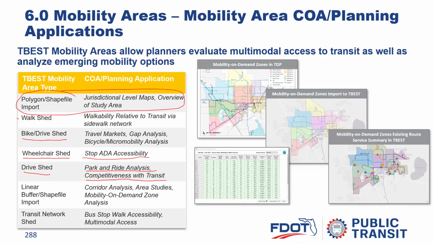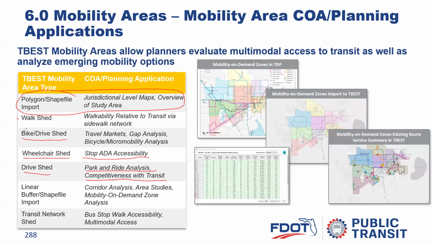I will also say that all of these are very handy in evaluating markets that maybe you would want to capture in T-BEST. Remember, we were talking about overriding: whenever you run the ridership estimation model at the stop level, it will calculate values that are accessible in terms of walk access from the stop, and then you can override them.